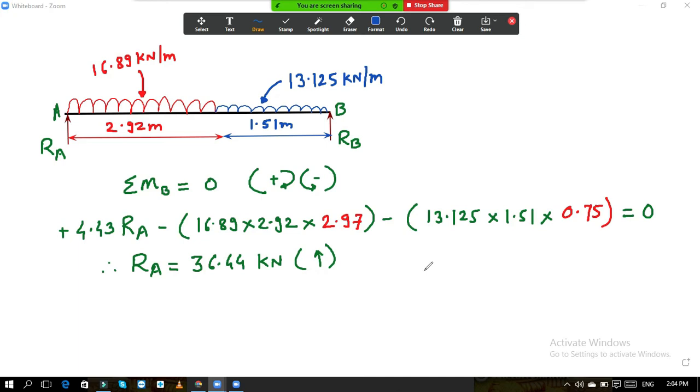What is the relation between shear force and bending moment? So when you get the maximum bending moment, at what point is your bending moment maximum? At which point?